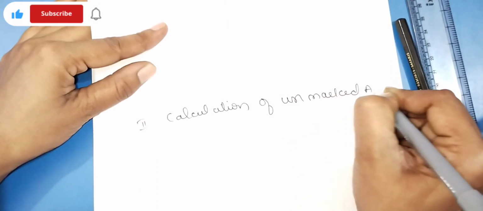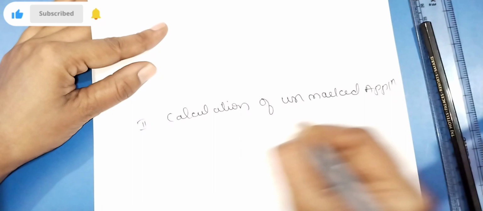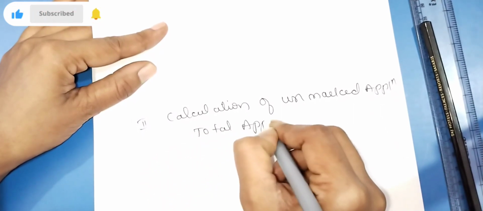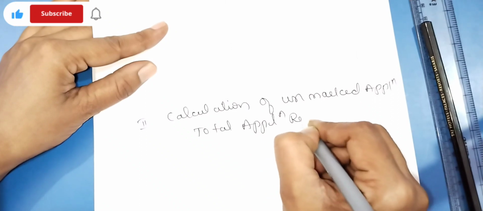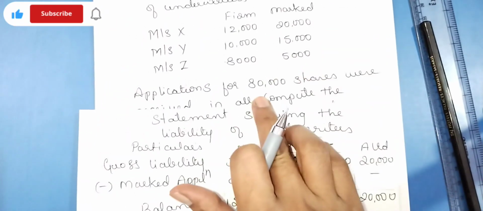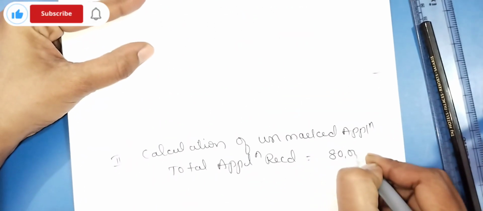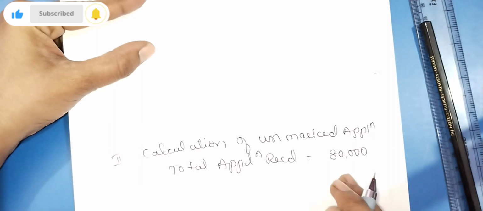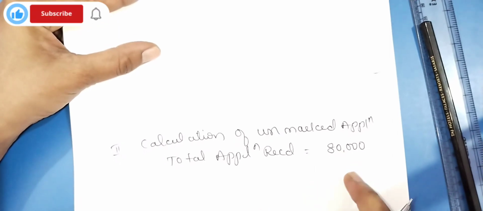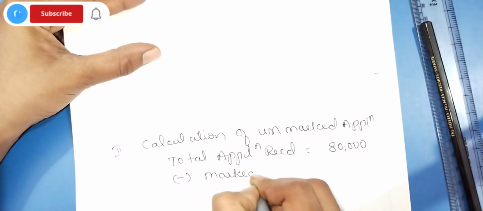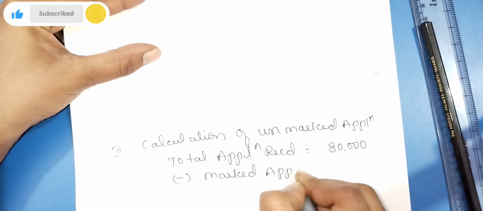So what are the total applications received? Here you can see the total applications received are 80,000, right? Out of this, less marked applications.